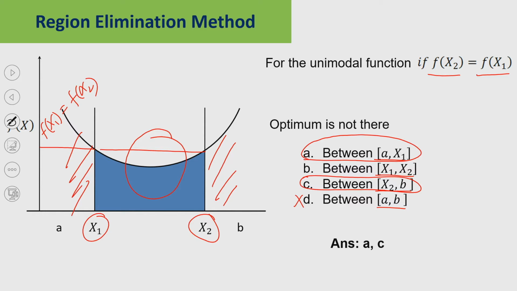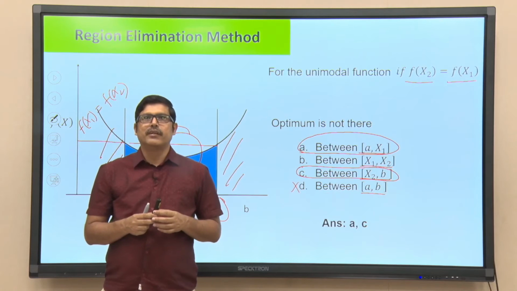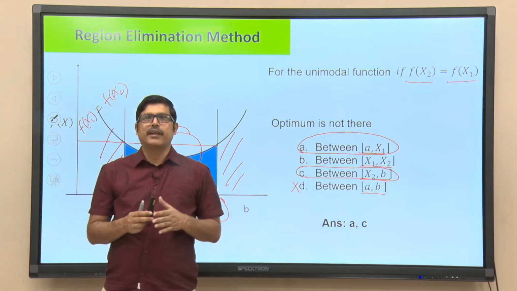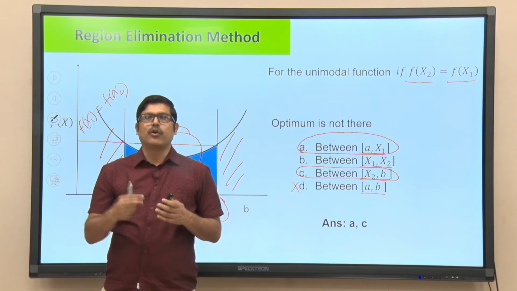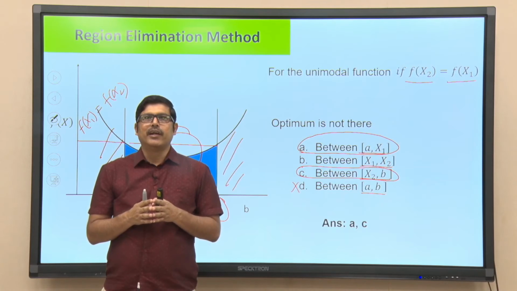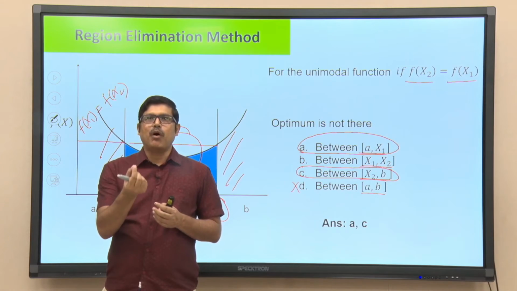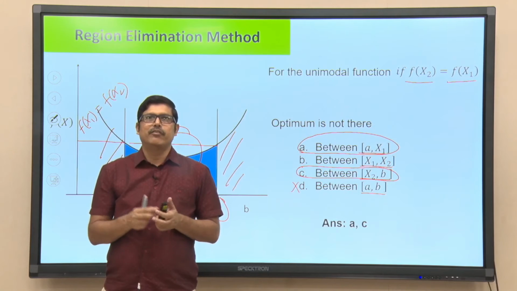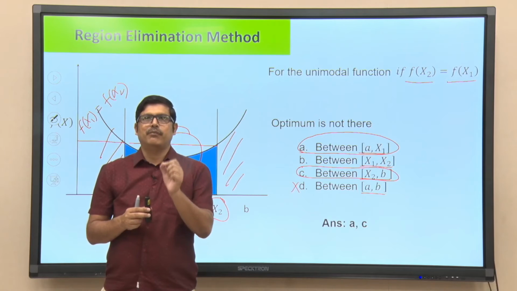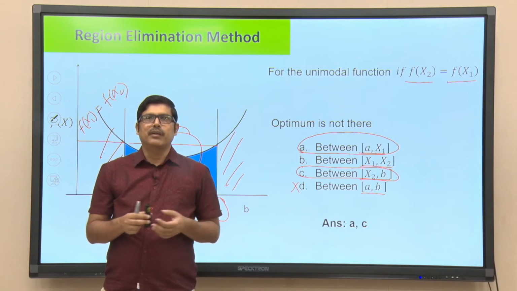With some iterations, the area will be eliminated and finally you will get a very small region where optima is there, and if your precision is satisfied, then you can say that the particular point is your optimal solution.